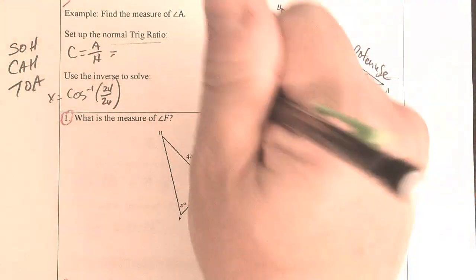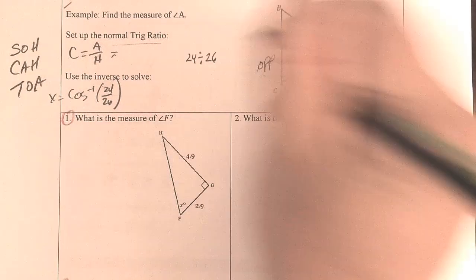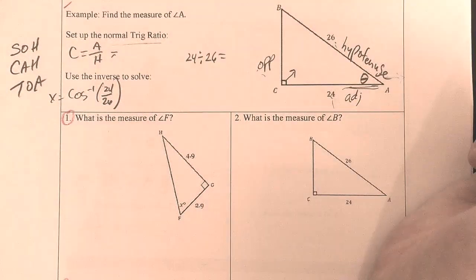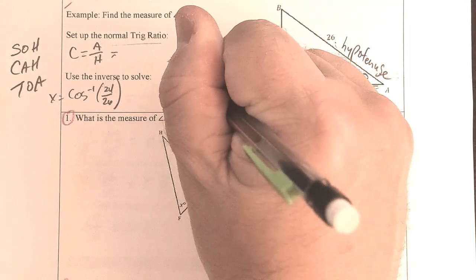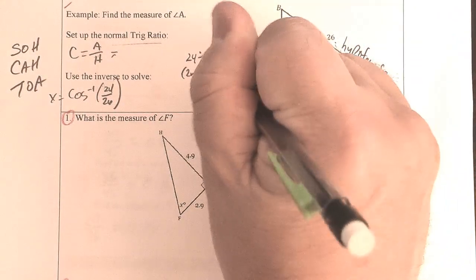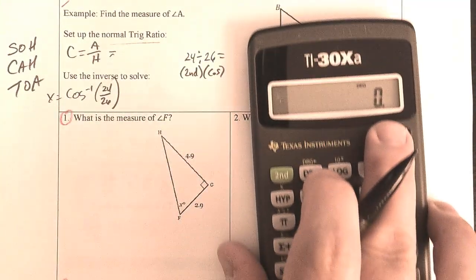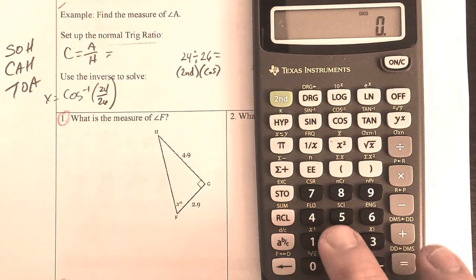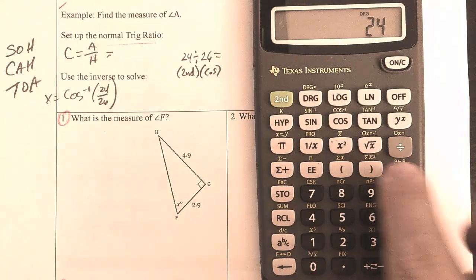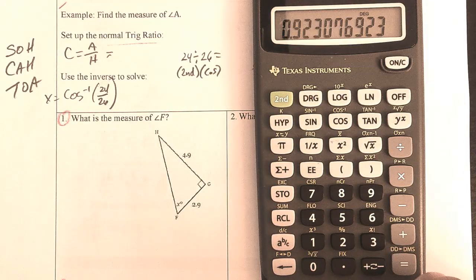So calculator over here, so 24 divided by 26 equals, and then second cosine. So 24 divided by 26 equals, all right, so it's 0.923.